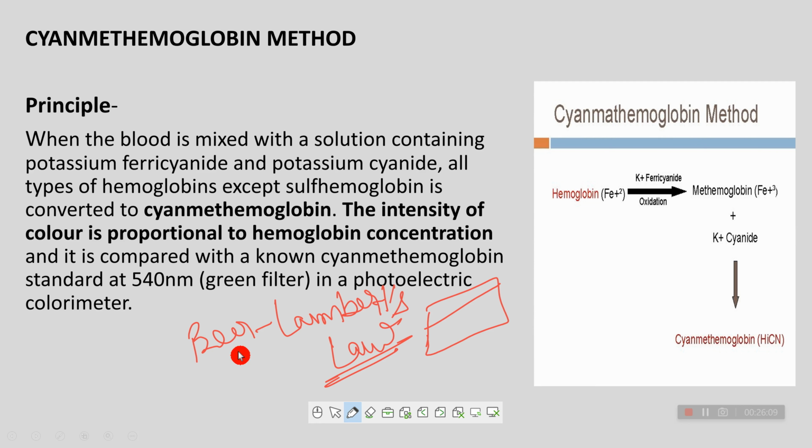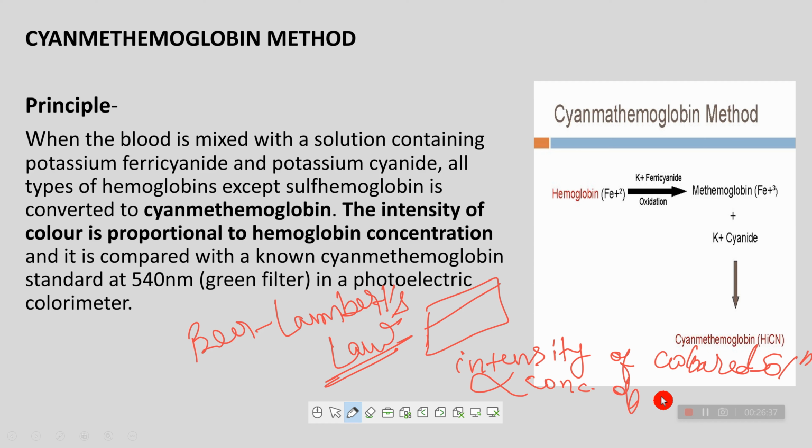According to Beer-Lambert's law, the intensity of a colored solution is directly proportional to the concentration of solute present in that solution.